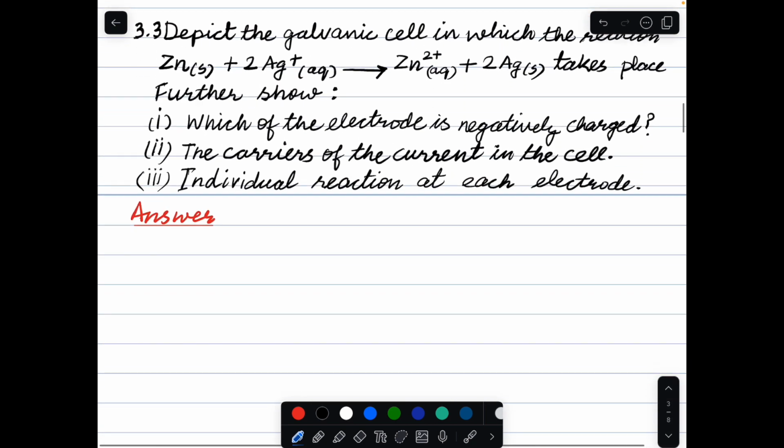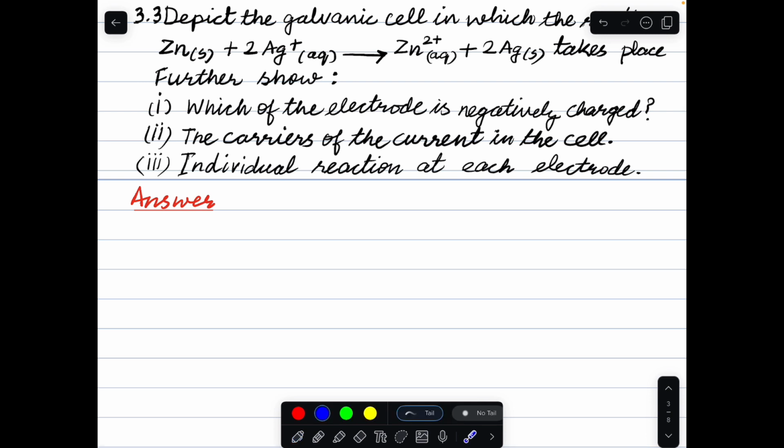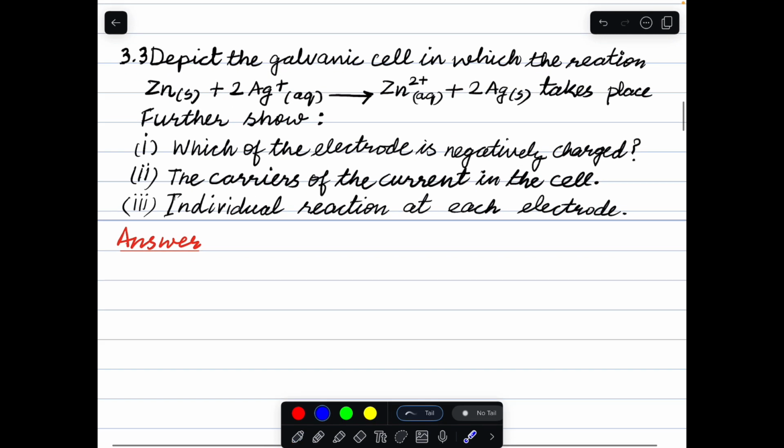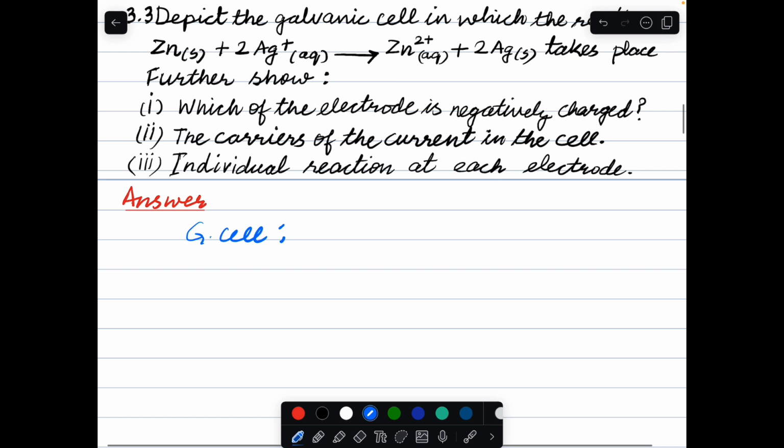Third question: depict the galvanic cell in the reaction. They have given you a reaction, and further you have to answer these three questions. The first one, we have to show the galvanic cell. Your galvanic cell will be represented as follows: we write down the anode, on which oxidation is taking place.